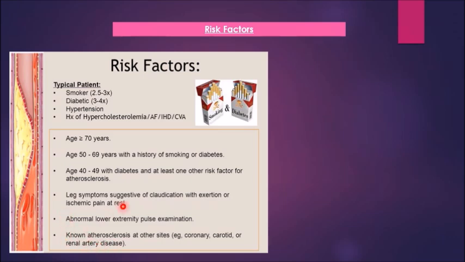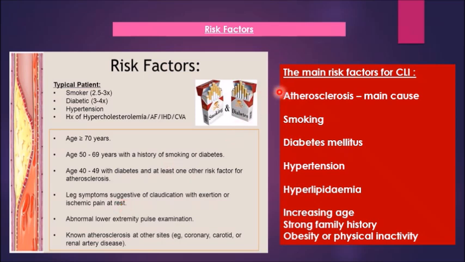To summarize the main risk factors of chronic limb ischemia: atherosclerosis as the main cause, smoking, diabetes mellitus, hypertension, hyperlipidemia, increasing age, strong family history, and another important one is obesity with physical inactivity.